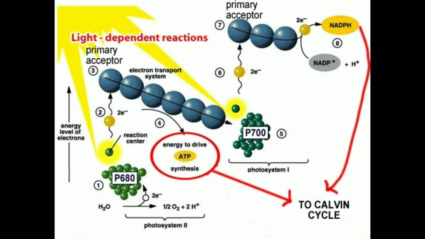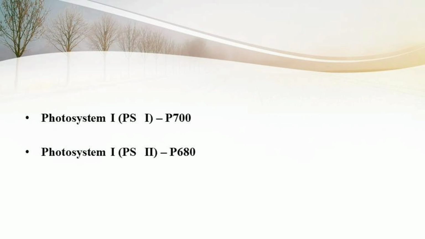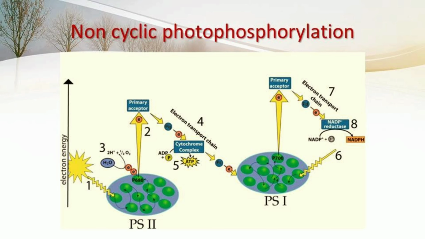Now the electron which has passed through plastocyanin is then shifted to photosystem 1. Photosystem 1 has a wavelength of P700. In this photosystem 1 also, the chlorophyll A with its accessory pigments absorbs light, and a pair of electrons gets excited and is shifted to the primary electron acceptor.